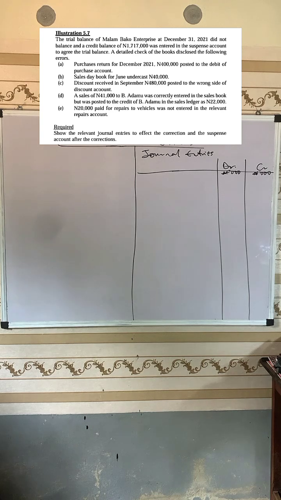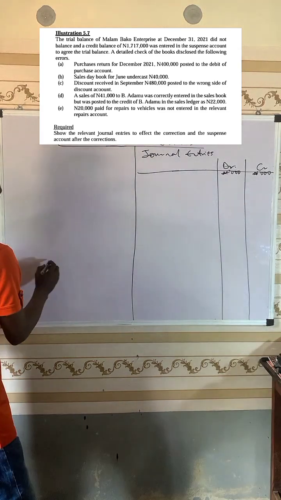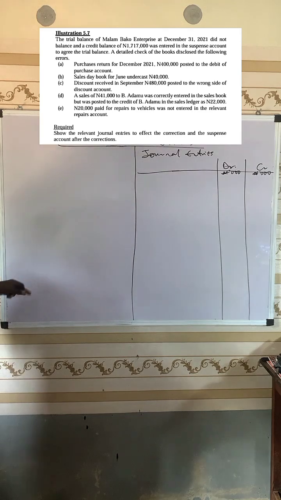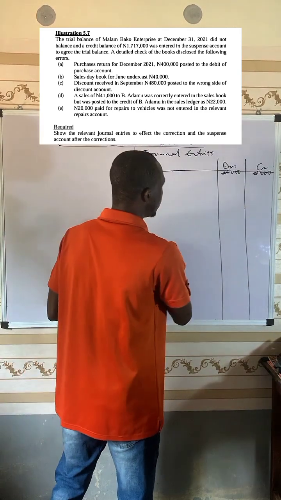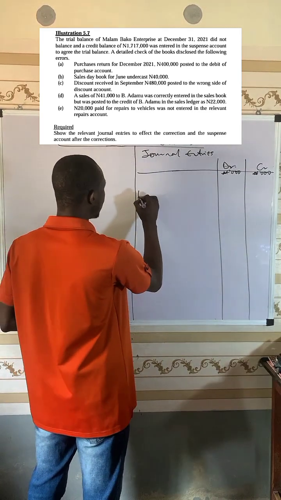Whenever there is a return, we credit purchase return account, then debit the supplier's account. But in this case, the purchases account was debited while nothing was posted in the purchase return account. To correct it, we have to remove what was in the purchases account. So since our purchases account was debited, we have to credit our purchases account.